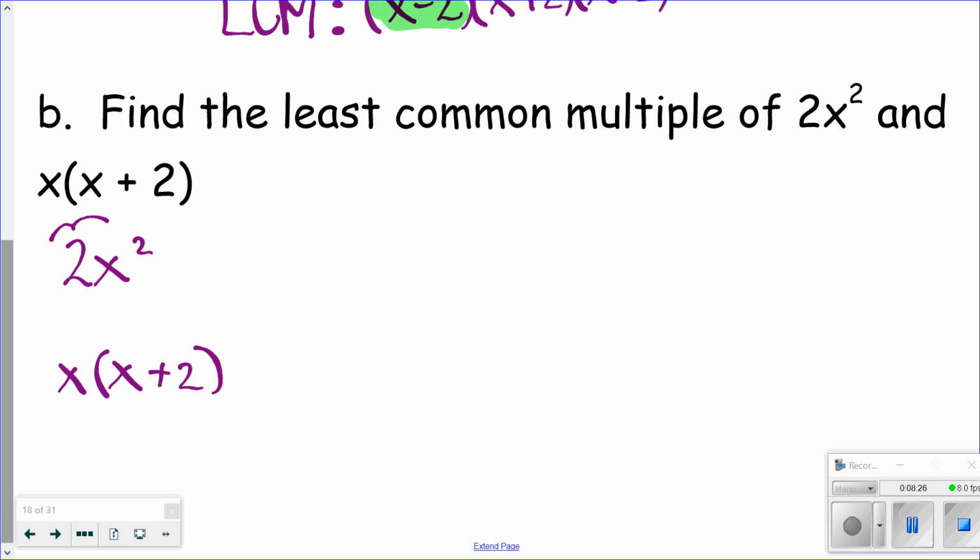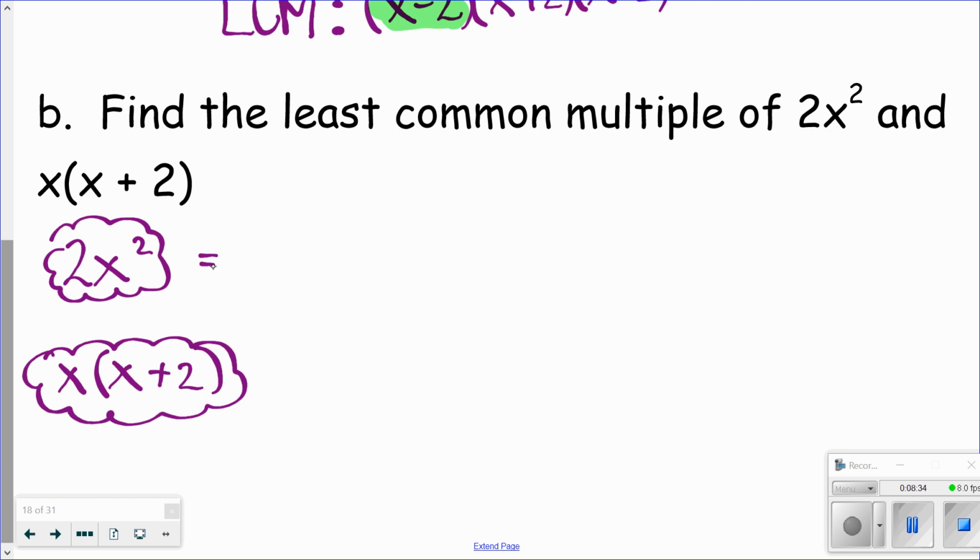What you end up doing here is figuring out what they have in common and what they don't have in common. You want to look at the factors that make up the coefficients in front. So there's a 2, and whenever we have an x to a power, I write down how many they have. So x squared looks like x times x.